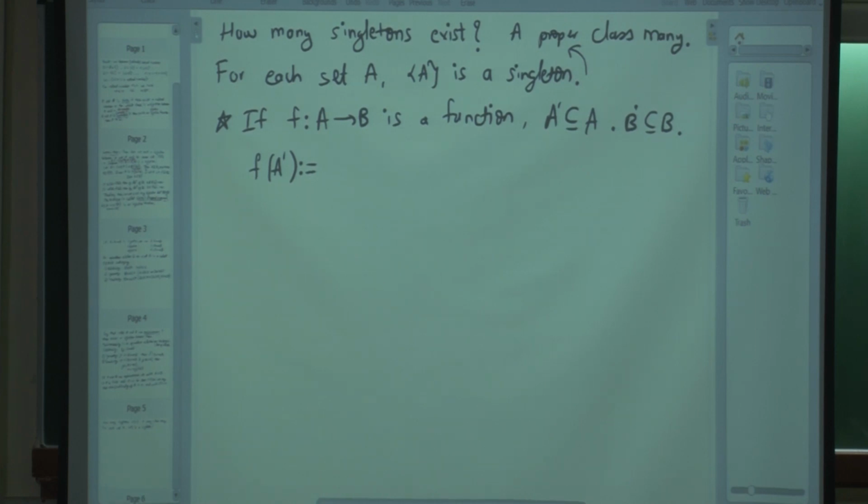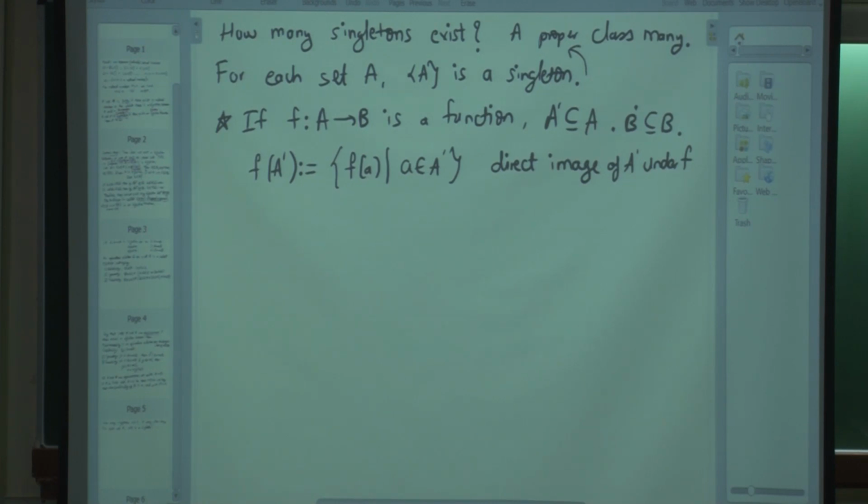For every x belonging to A prime, the element which it maps to, that is f of a. So f of A prime is the collection of all f of a such that a belongs to A prime. Very good. This is called the direct image of A prime under f.